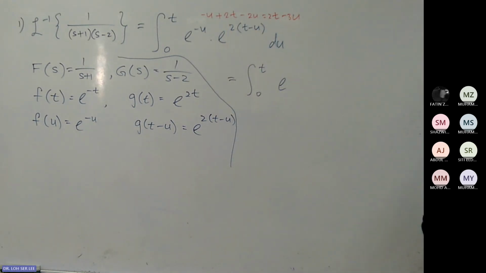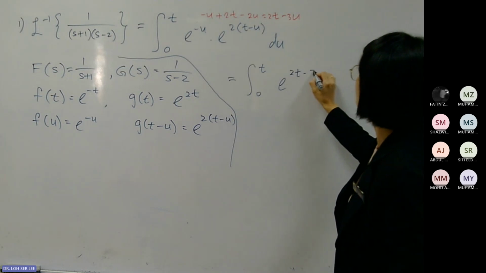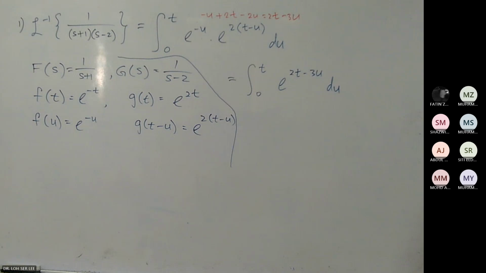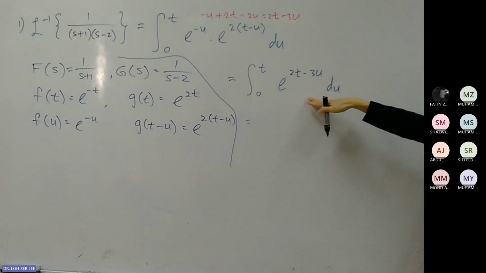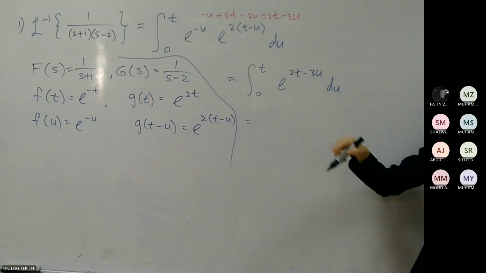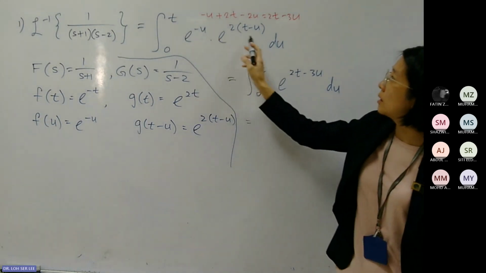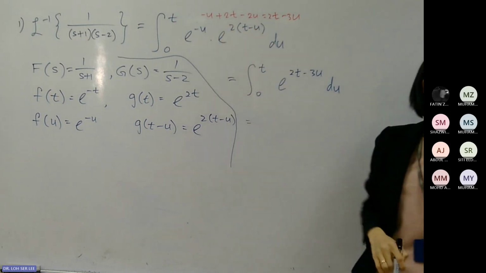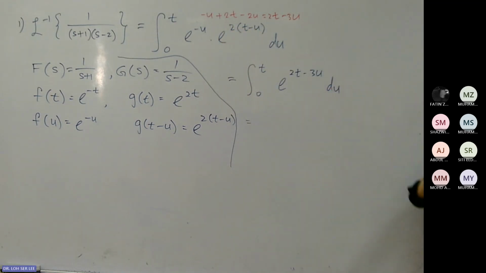This is the new power, with respect to u. The two e's are combined into one, so we just sum up the powers. This is 2t minus 2u, we sum them up, then you get the power.